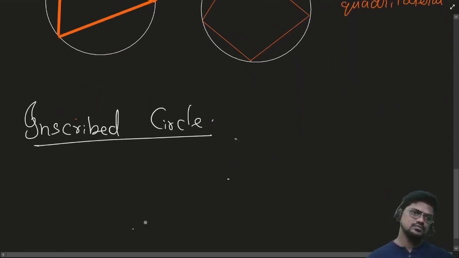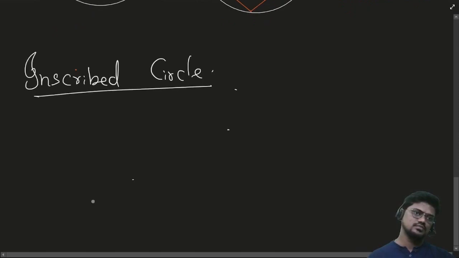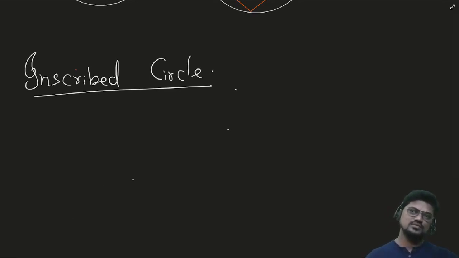A shape in which the circle is touching all the corners of the shape, all the sides of the polygon.